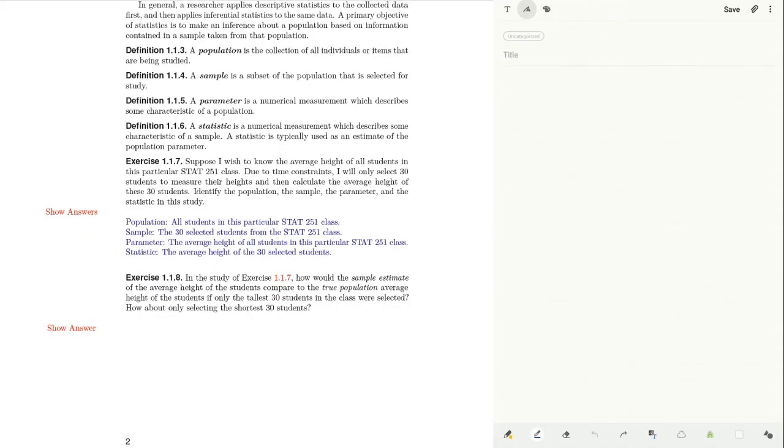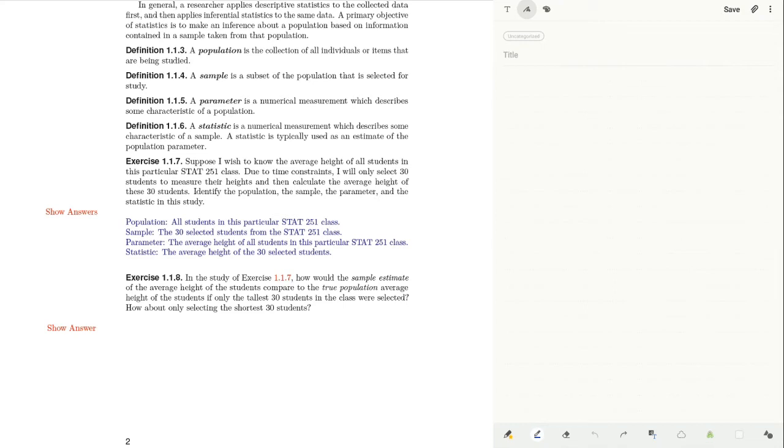So now let's suppose I were to line up every student in the class from tallest to shortest. How would the sample estimate of the average height of the 30 selected students compare to the true population average height of all students if I were to only select the tallest 30 students in the class?